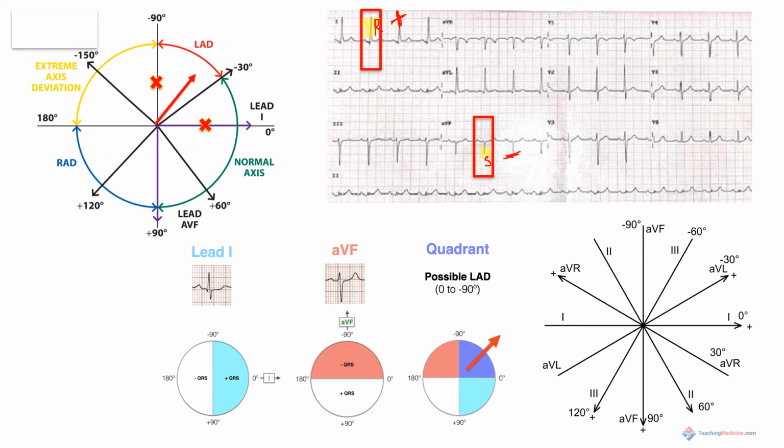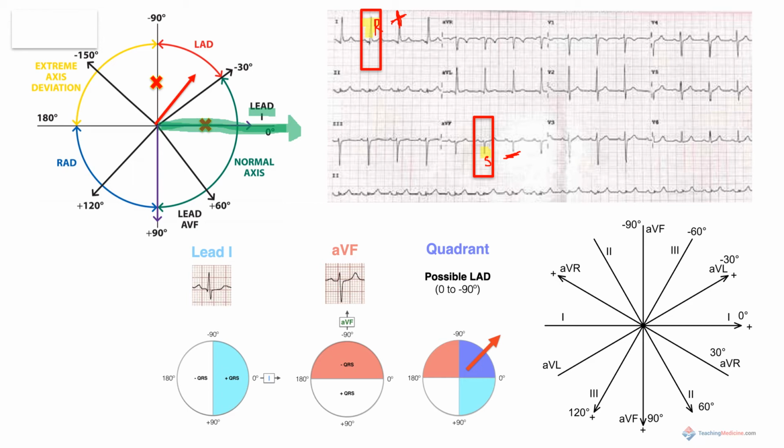So what we're going to do is go to the hexaxial axis that you have right here, find lead 1, so here is lead number 1, and draw your vector in the direction that you've determined earlier. I'm going to draw it in the positive direction right here.